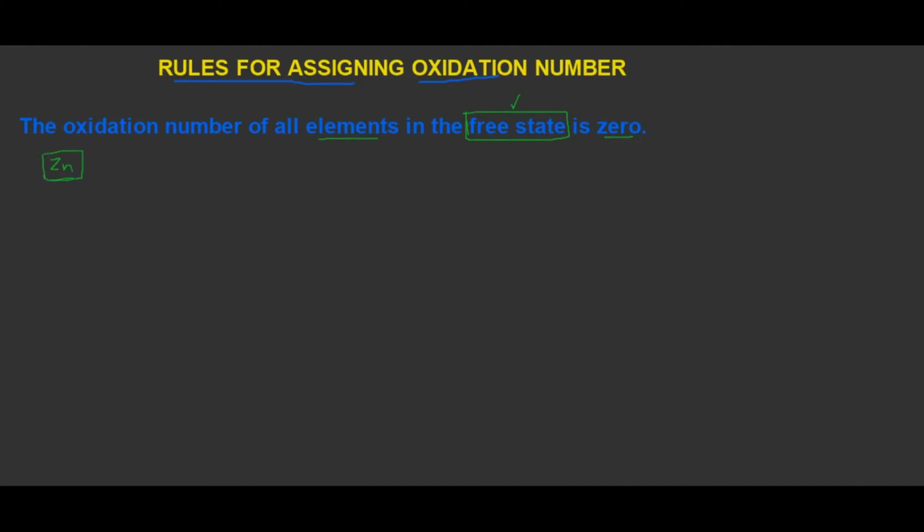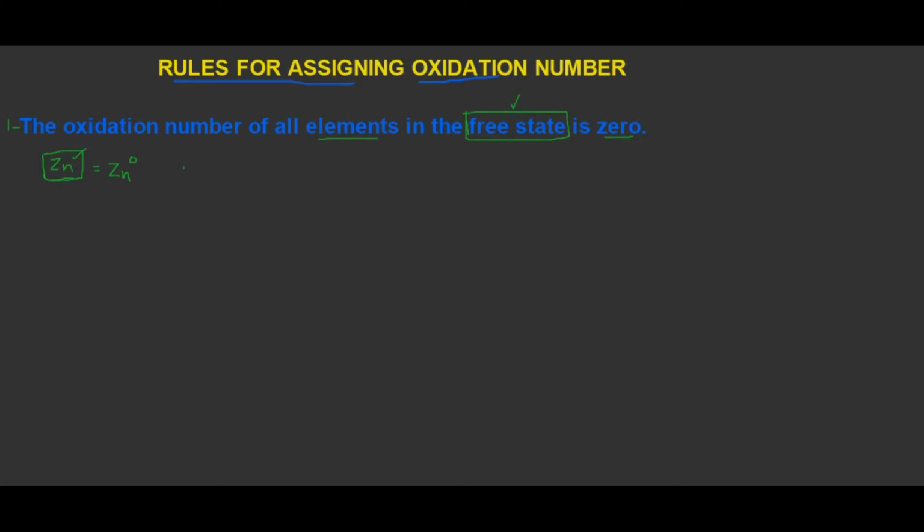For example, zinc. As you can see, the zinc atom is not bonded to any other atom, so its charge would be 0. This is the first rule for assigning the oxidation state, which says that an element in a free state would always have 0 charge.